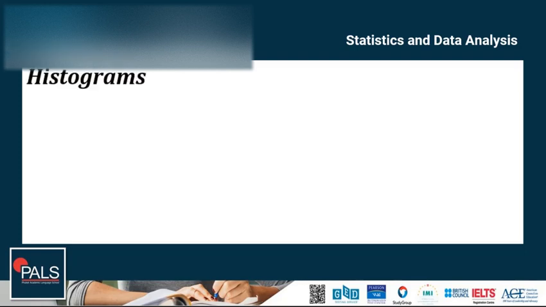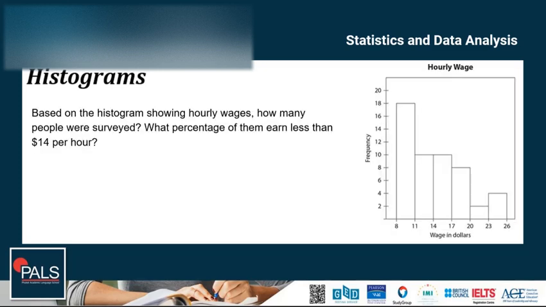At first, a histogram seems not too different from a bar graph. However, the information contained in a histogram is much more detailed. Because histograms can be complicated, let's start by analyzing an example. Now, based on the histogram showing hourly wages, how many people were surveyed? And what percentage of them earn less than $14 per hour?